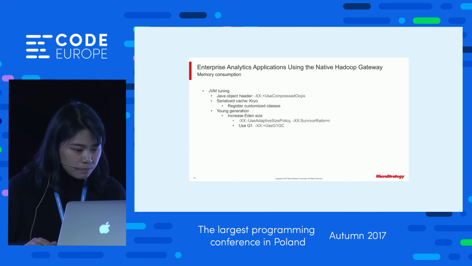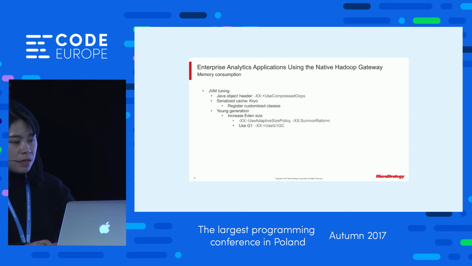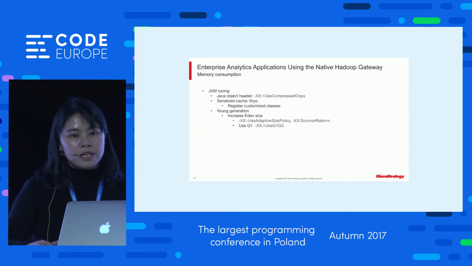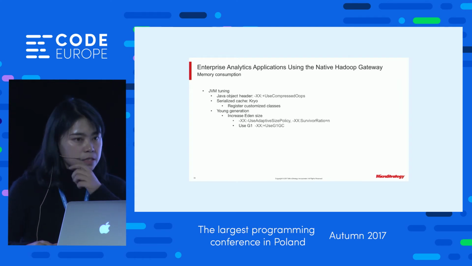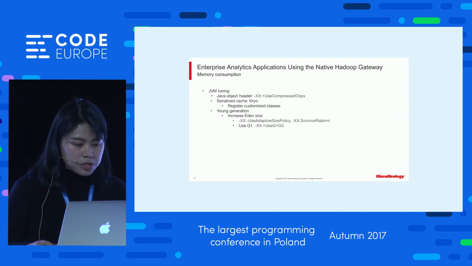Let me talk a little about the JVM tuning, because JVM tuning and GC tuning is usually the last thing we want to do for Java applications. But Spark relies on the JVM GC heavily, so this is a thing we should do.